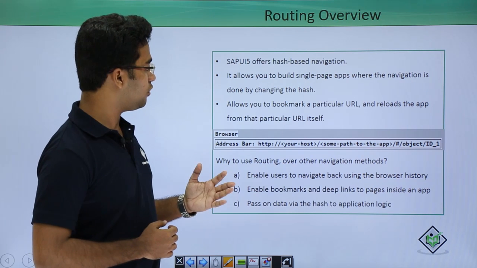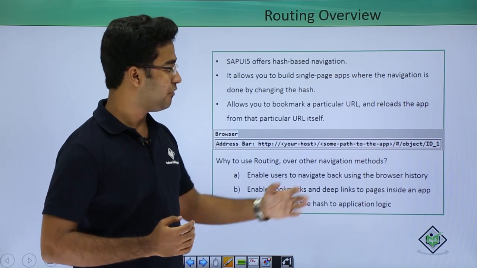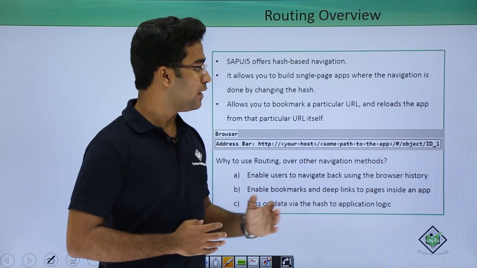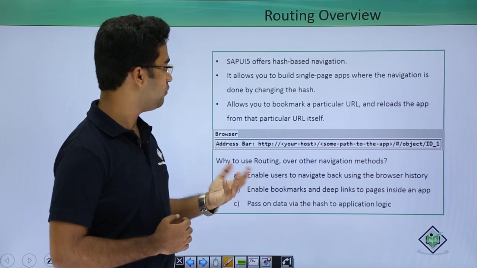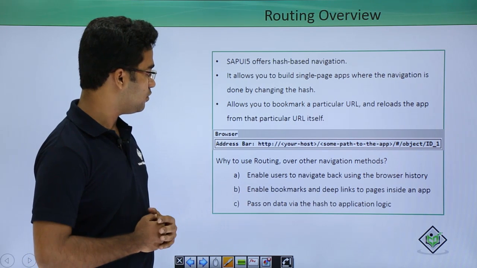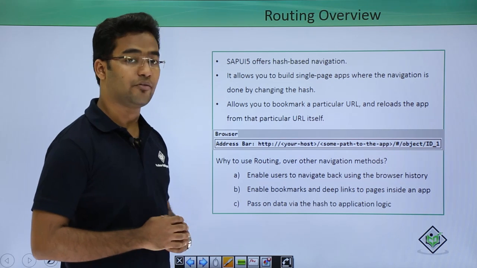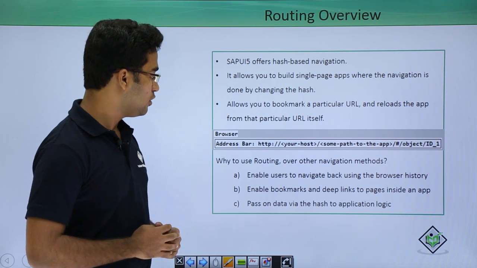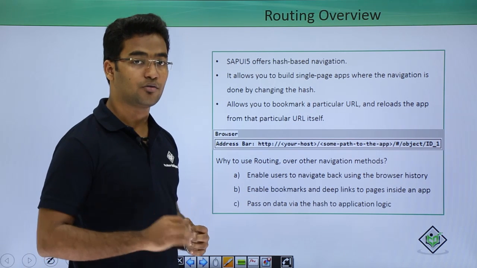With the use of this, we could also bookmark a particular URL, and if I bookmark the ID2 URL and I refresh it again, the second page would appear. So this way it helps us. Why is routing beneficial to us compared to other navigation methods? First, it enables the user to navigate using the browser history itself.